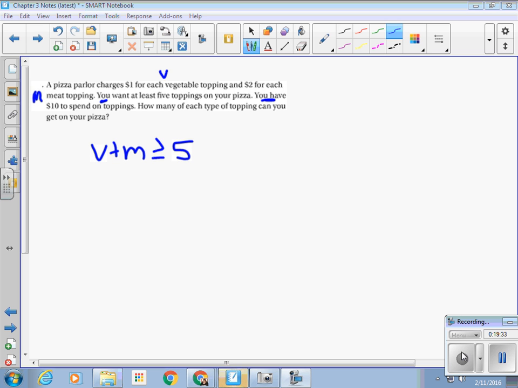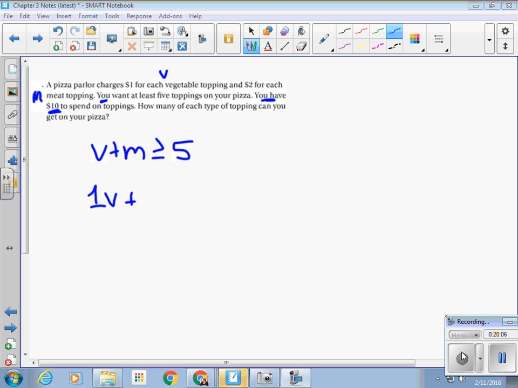The next one, we have $10 to spend on toppings. Anytime you're looking at money, you take your cost, multiply it by how many you have, plus the cost for your other item, multiply it by how many you have. So how much does a veggie cost? $1. So I'm going to go $1 times V. However many veggie toppings I get, I'm going to spend $1 per topping.